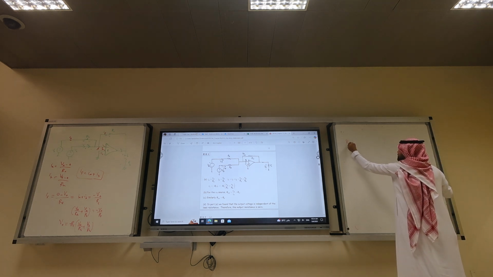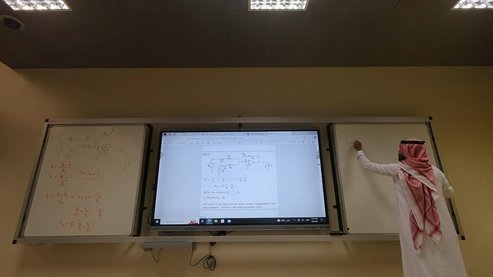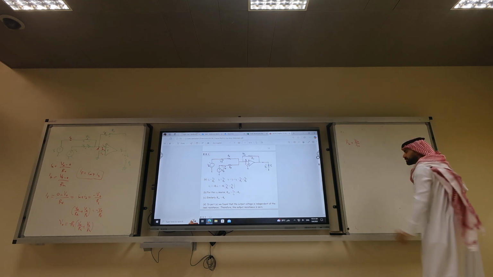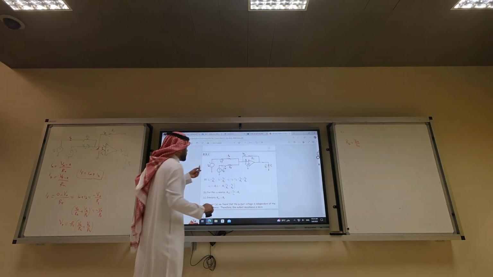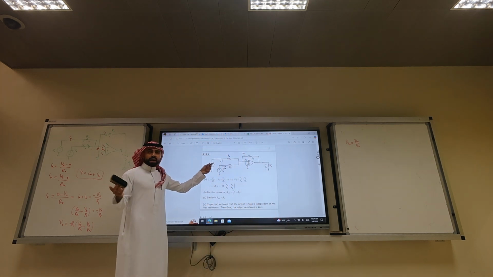Okay? What is the input impedance? What's the equation? It's V input over I input. So how many input impedances do we have? How many inputs do we have so far? 2.